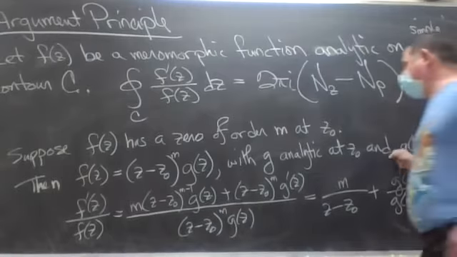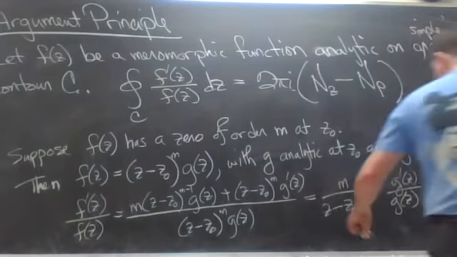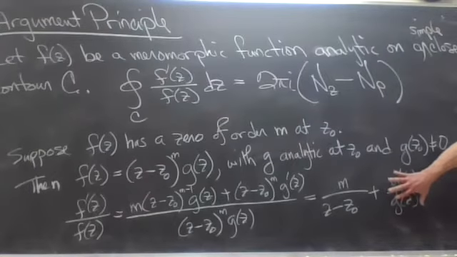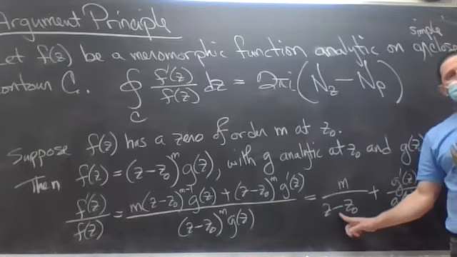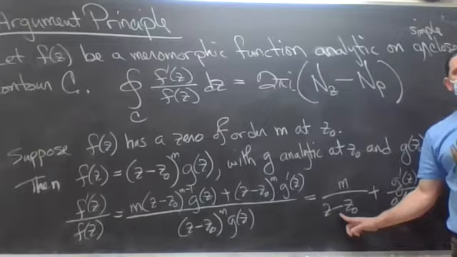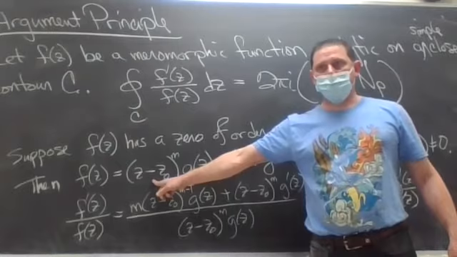Since g of z naught was not equal to 0, if I take a small closed loop integral around z naught, this part will be analytic. And so therefore the loop integral of this part will be 0 by virtue of Cauchy. This part will give me 2 pi i m, 2 pi i times the multiplicity of the zero at z naught.